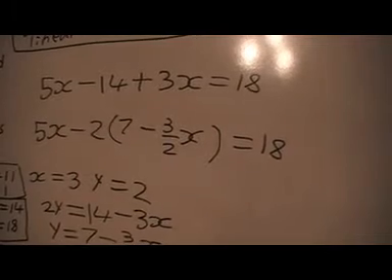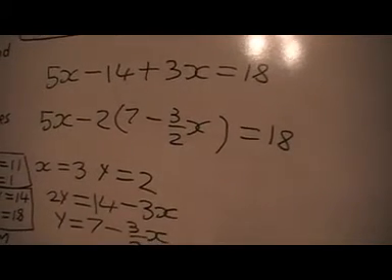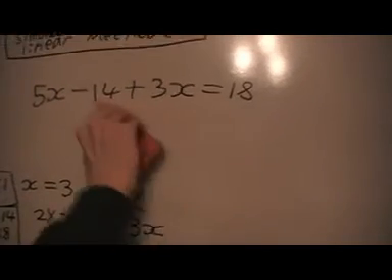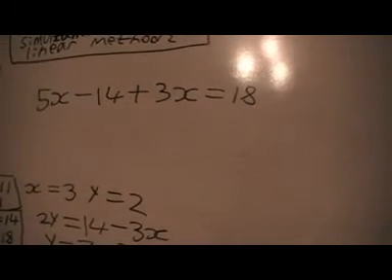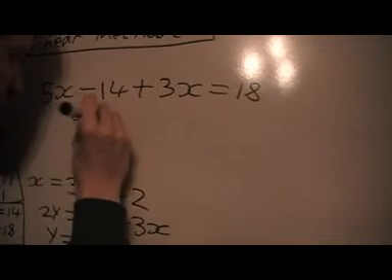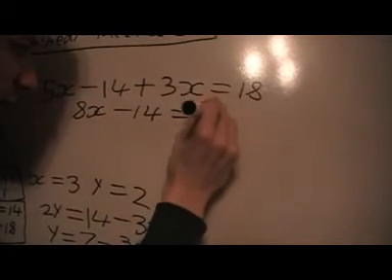That's still equal to 18. So let's work this bit out now. So we get 8x minus 14 equals 18.